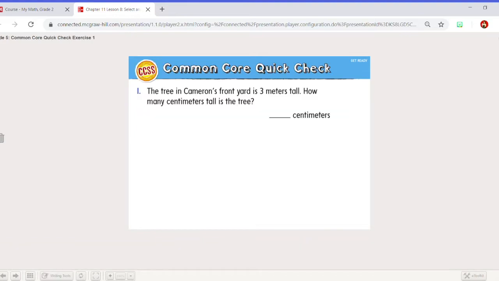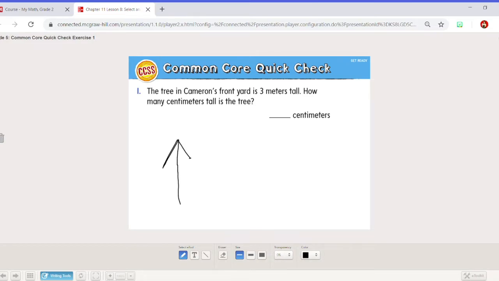Our next problem is the tree in Cameron's front yard is 3 meters tall. How many centimeters tall is the tree? Well, I like to draw the tree as a way to get us started. 3 meters, I'm going to write that here. Remember, M is a way of saying meters, the shorthand of it. We know 1 meter is the same as 100 centimeters.